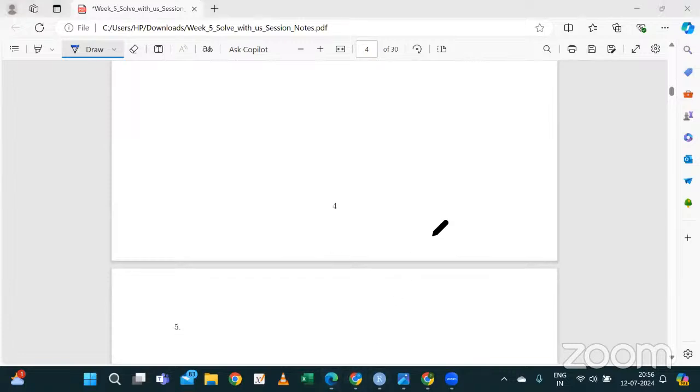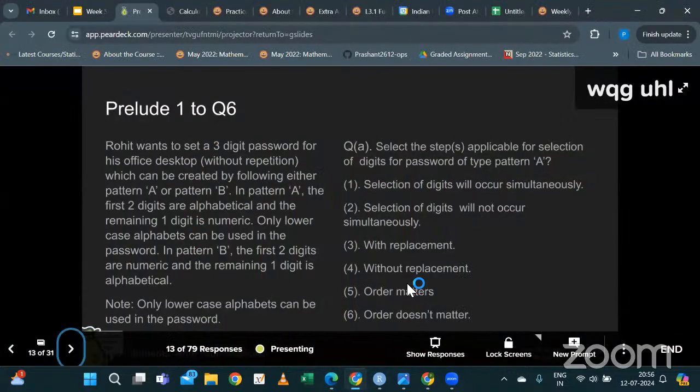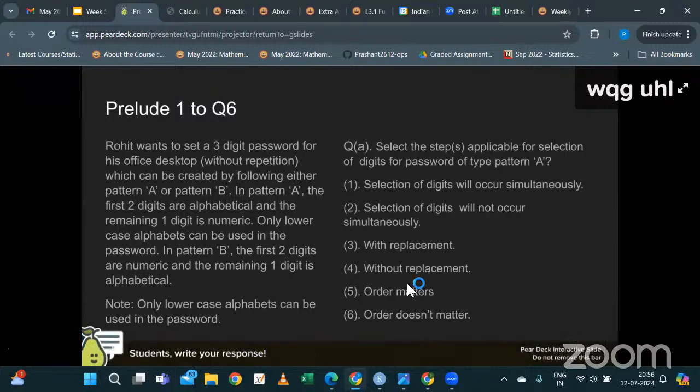So now I'm coming back to the main question. Rohit wants to set a 3-digit password for his office desktop, without repetition clearly given, which can be created by following either pattern A or pattern B. In pattern A, the first 2 digits are alphabetical and the remaining 1 digit is numeric. Only lowercase alphabets can be used in the password.